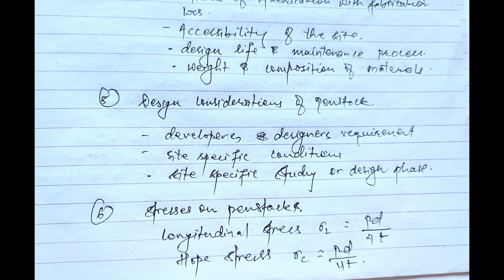The allowable stress and the factor of safety to be adopted depend upon the yield point stress and ultimate tensile strength of the steel, loading condition and location where this pipe is to be provided.